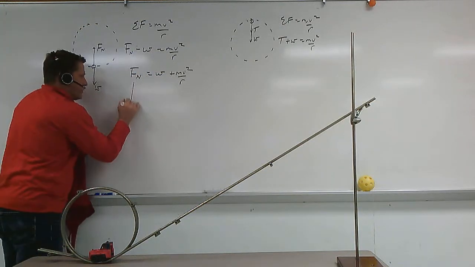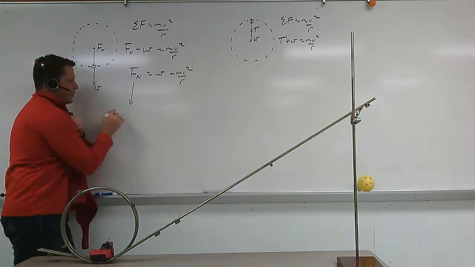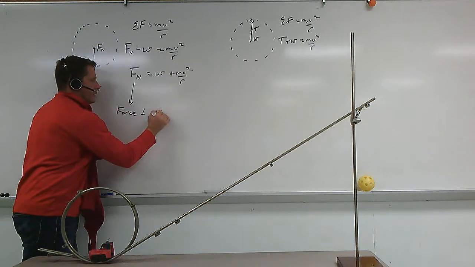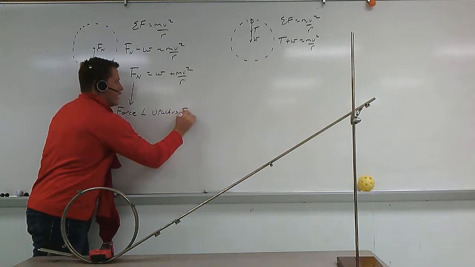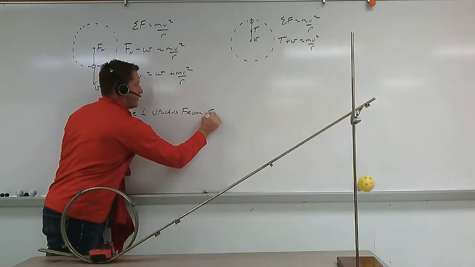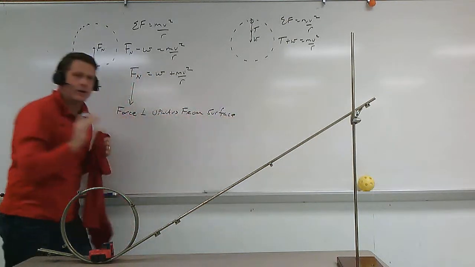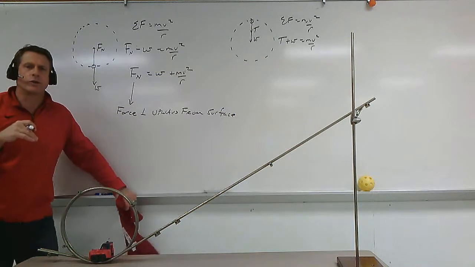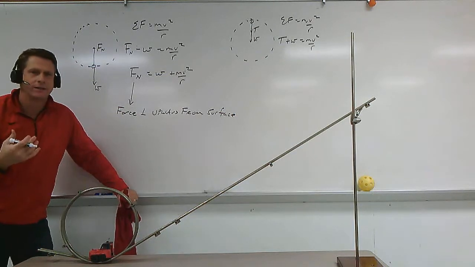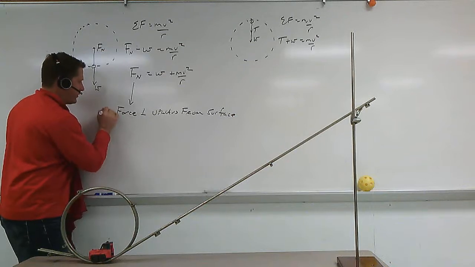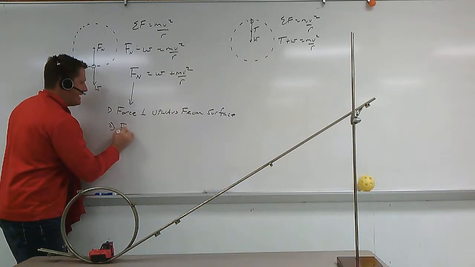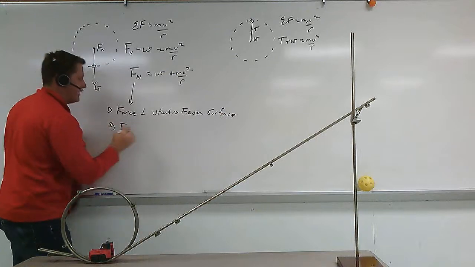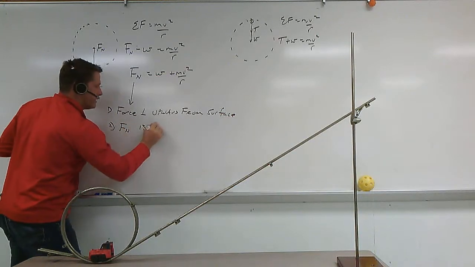A super important thing here: the normal force is the force perpendicular upward from a surface. In this particular case, the normal force provides the weight. The normal force is the apparent weight. That is how heavy you think you feel.